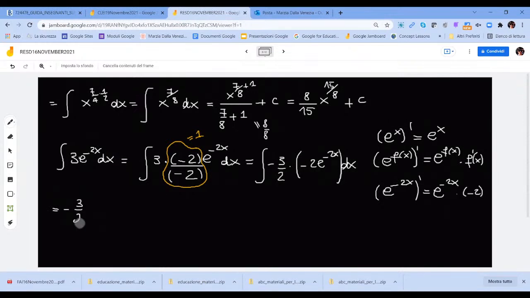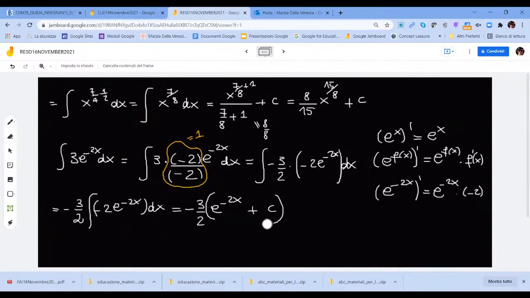So we can put outside this numerical factor and perform the computation. We will have minus 3 half that remains outside, and then we have the primitive of the previous function, that is e to the minus 2x, and then we add c. Of course, we multiply minus 3 half by the whole integral. That means we should have written it this way.